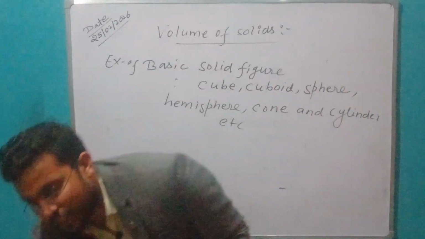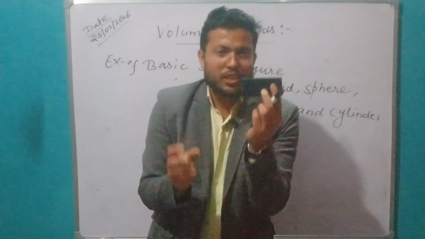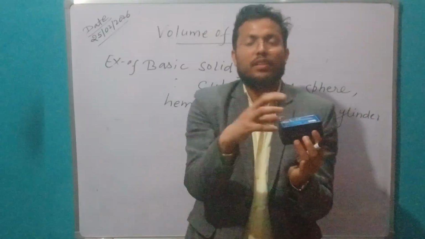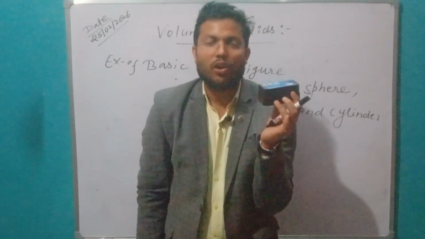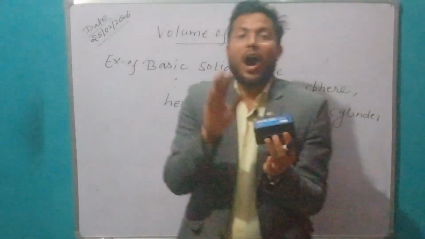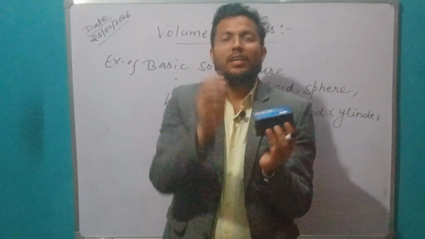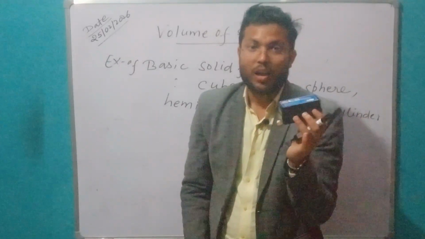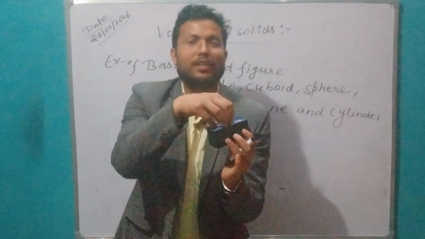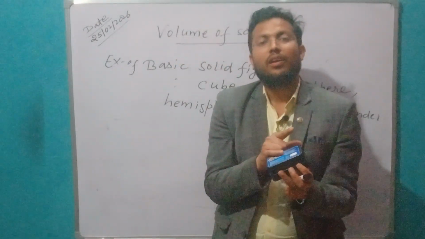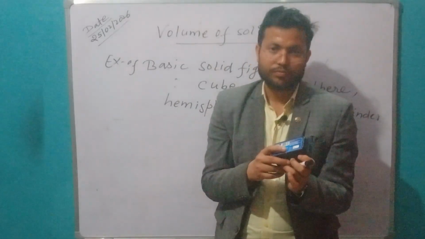It means that this is the solid object, and how much space is occupied by this geometric figure is called the volume. How much space is inside this figure refers to the volume of that figure, that solid.